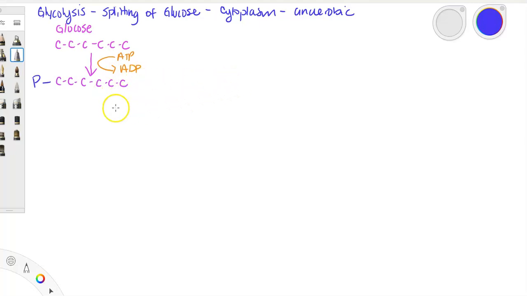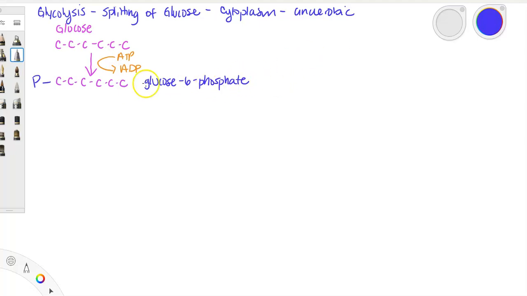Okay, so this is glucose 6-phosphate. We'll assume that this is the 6th carbon in this picture.